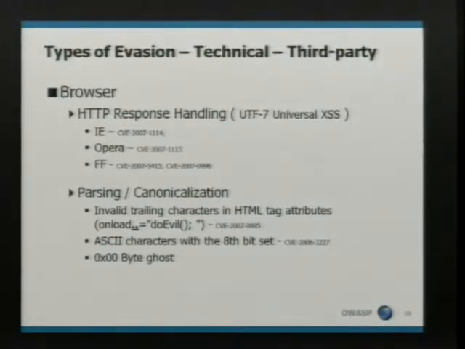We also have some strange behavior if we are dealing with ASCII characters outside the range of 7-bit. And we also have null bytes, which help us. The null byte, especially in Internet Explorer, is completely ignored.